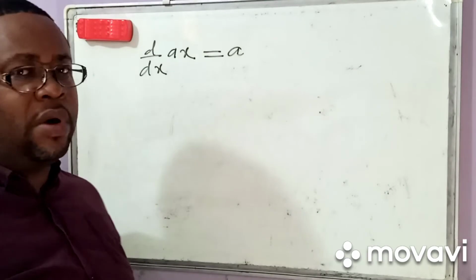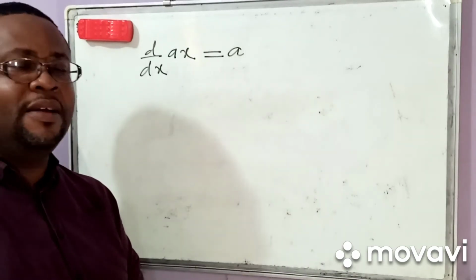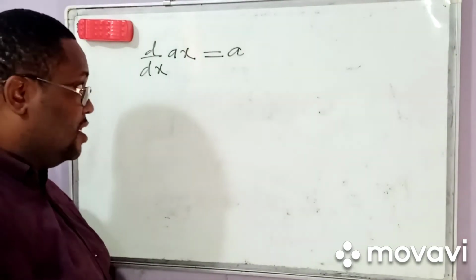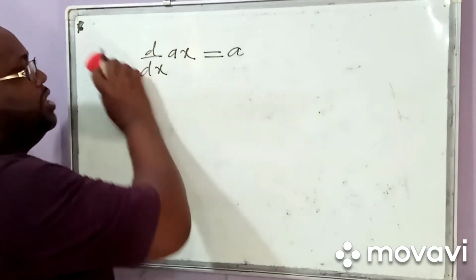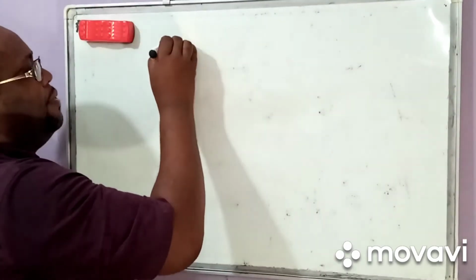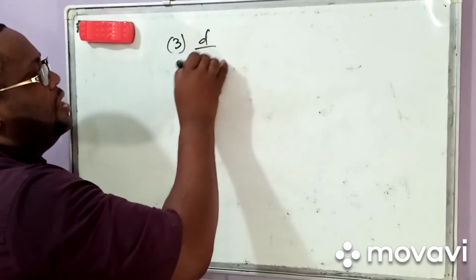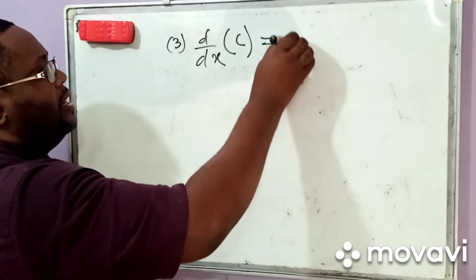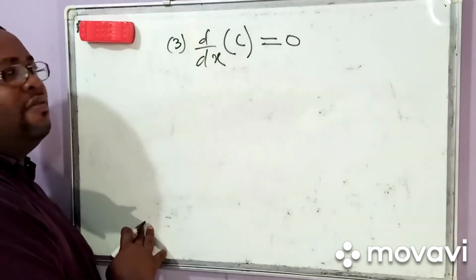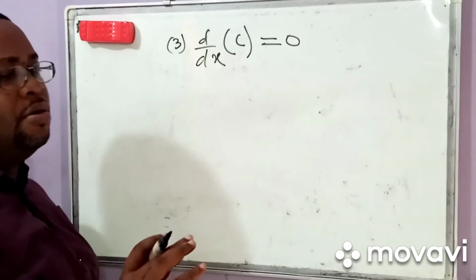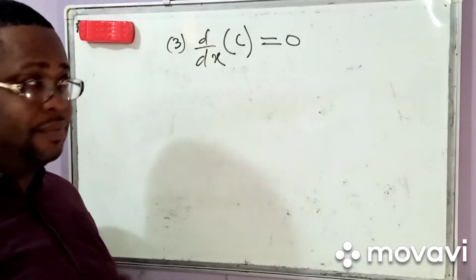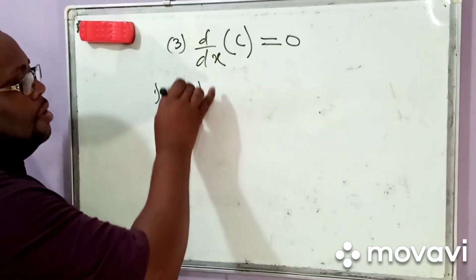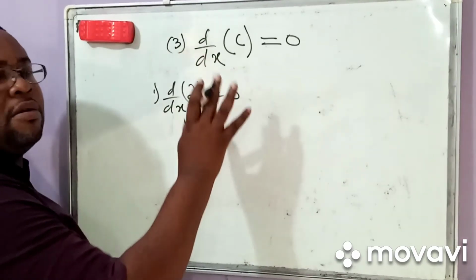Okay, let's take 1 or 2 more rules and then we end our class today. Our next video continues to elaborate more on the rules of differentiation. Whenever you differentiate a constant, this is now rule number 3. When you differentiate a constant, let's say that constant is c, you simply get 0. For instance, if I differentiate with respect to x, 2, my answer is 0. It doesn't matter the constant.